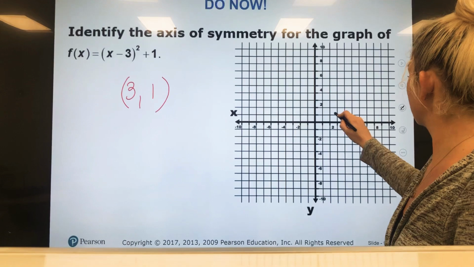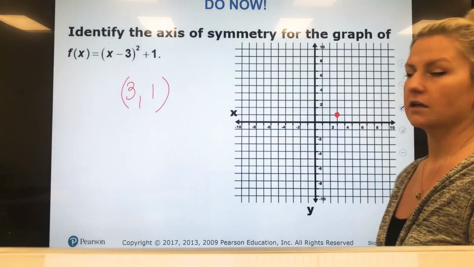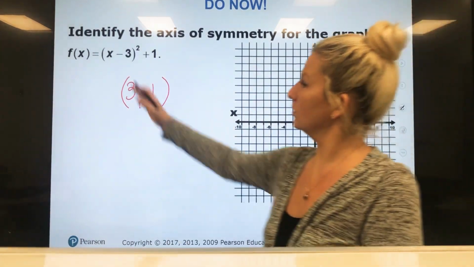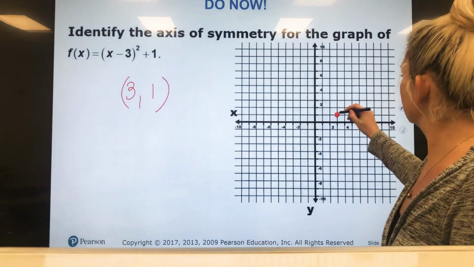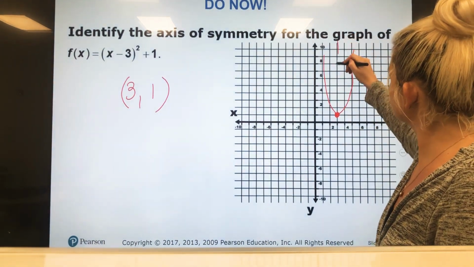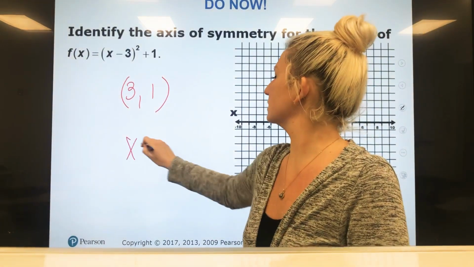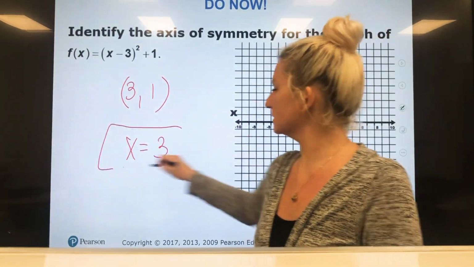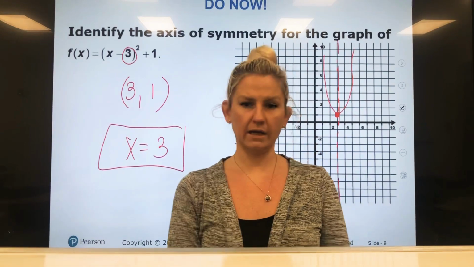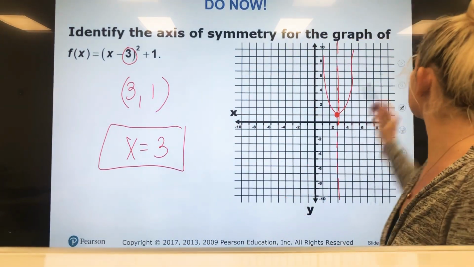This is where my vertex is. I know that a is positive, so it's going to be up like this, and my axis of symmetry is going to go right through this line, x equals 3. All I have to do is look right here at what my h is: x equals 3.